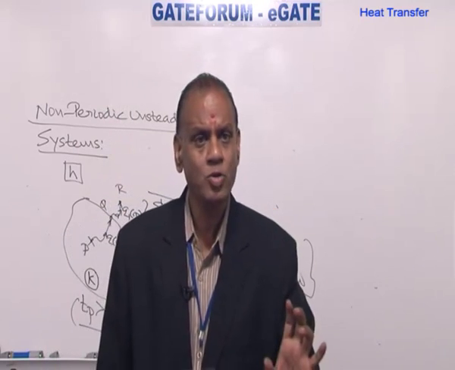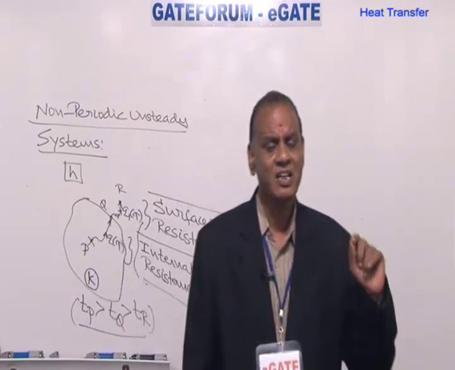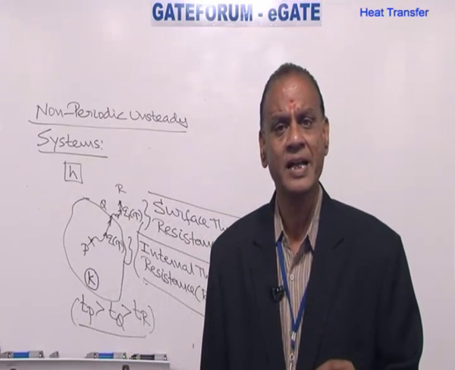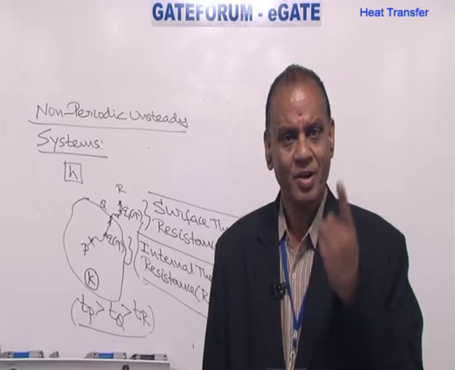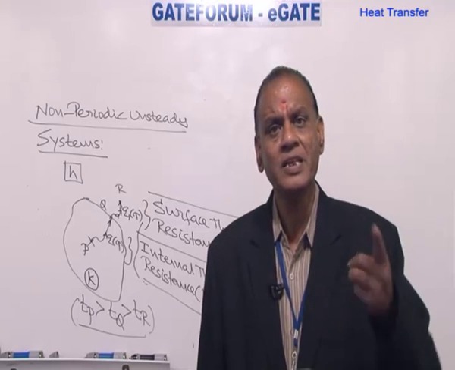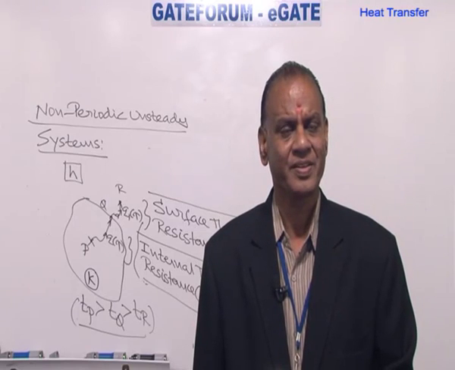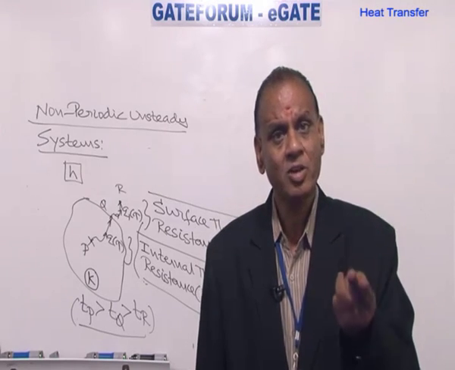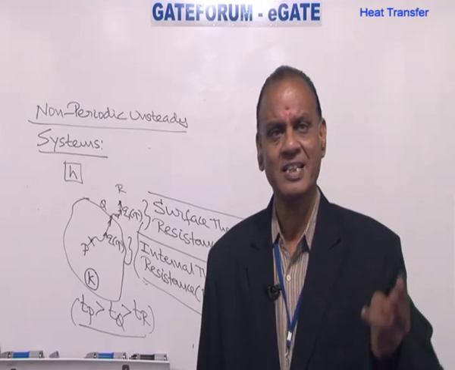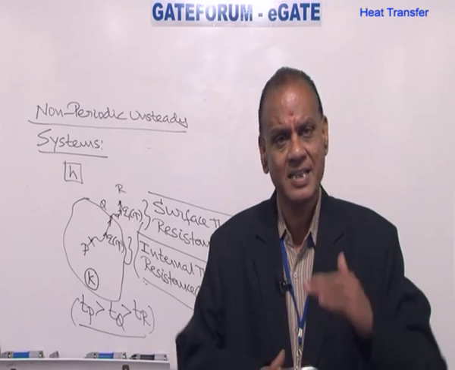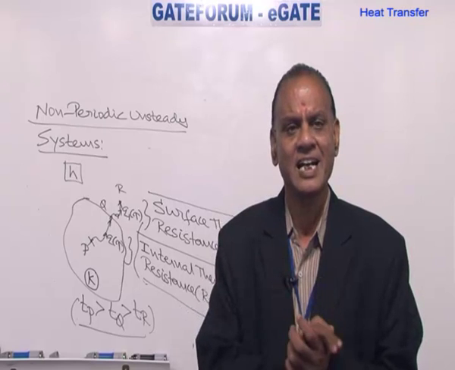These non-periodic unsteady systems can be categorized into three types. First type, systems with negligible internal thermal resistance. Second type, systems with negligible surface resistance. Third type, systems with both the resistances on par with each other.